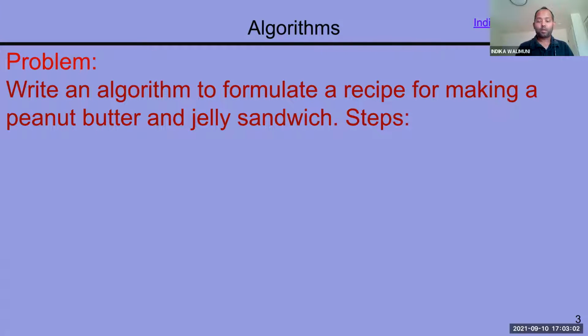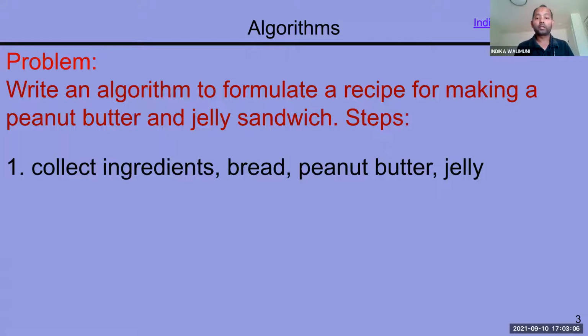Okay, so first step, well, we need to collect ingredients, right? So that could be bread, peanut butter, and jelly. All right, and there may be some other ingredients based on preference, right? But usually these are the three. So we collect ingredients. If you want to compare this one to one with something in computing, we collect the inputs. Okay.